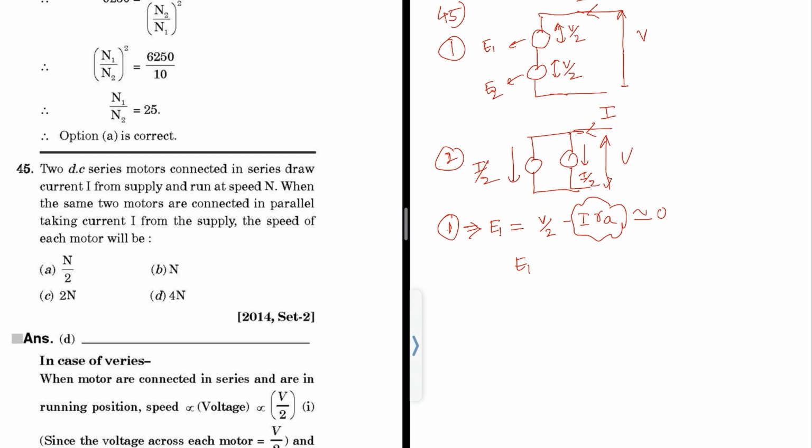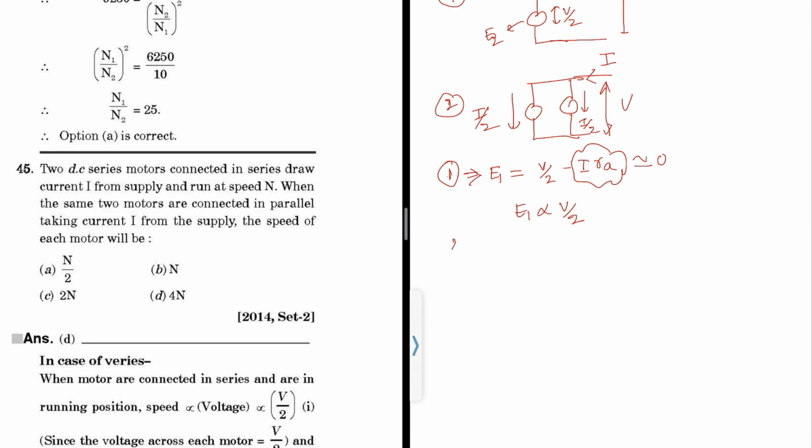So E1 is proportional to V by 2. Now the second case: E1 equals V minus I by 2 into RA, right? Generally I consider the armature resistance very small, so again I consider this drop as 0. So here E1 is proportional to V.